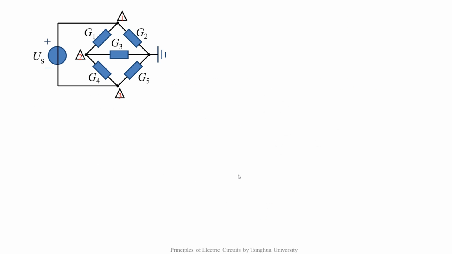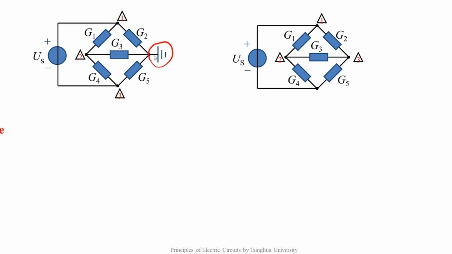In fact, for the circuit containing only one independent voltage source, we can take another simpler way to solve it. When we wrote the node voltage equations for the circuit just now, this node was selected as a reference node, but we know that the reference node can be selected arbitrarily. So we can select another more appropriate node as a reference node, such as the node below.